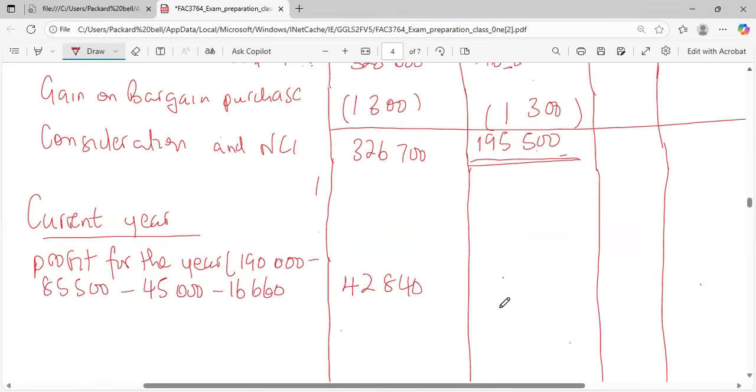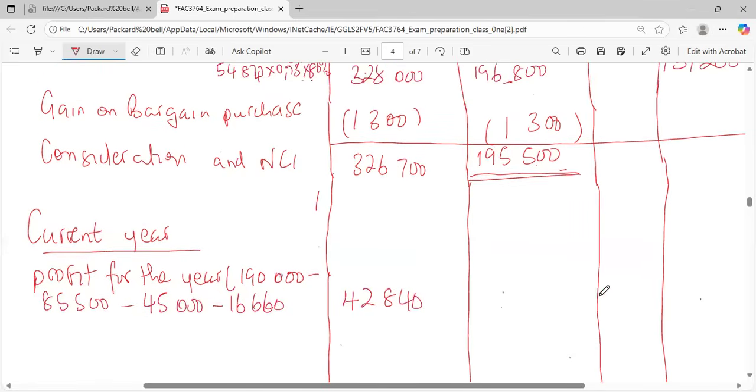This is for at acquisition. We go to since acquisition. What belongs to the group from the profit for the year? We take 142,840 times 60%.